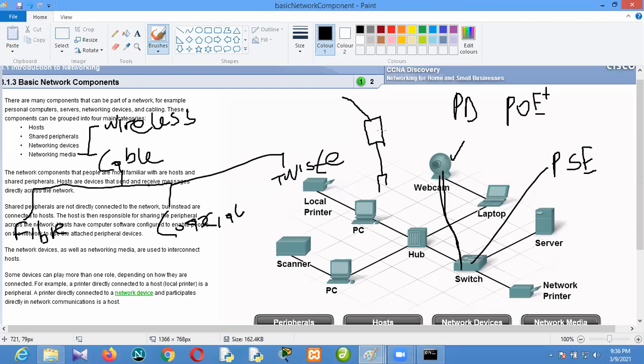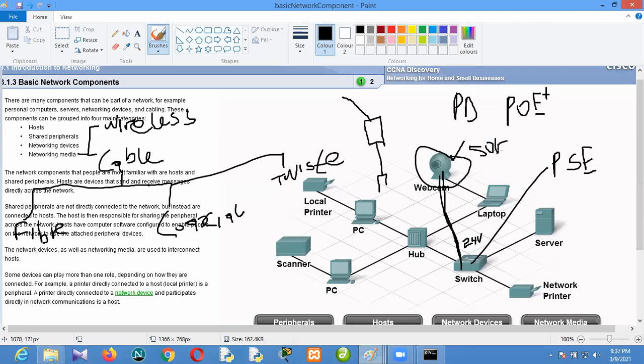Now, some devices like cameras cannot receive enough power from a switch, because some PSEs have voltages of about 24 volts. Now, some cameras are about 50 volts, 50 volt input.